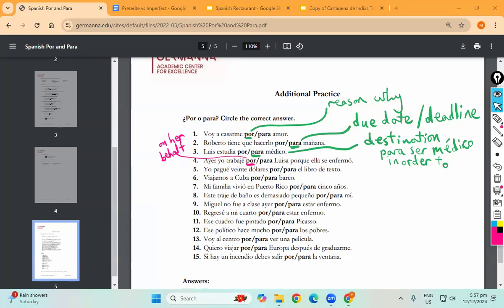All right, so if the money is for something, like money for dinner, money for, in this case, this textbook, then it's for. But let's say you had money to give someone as a gift, then it's para, because the person is the destination, gift destination, right? But here, it is money in exchange for.